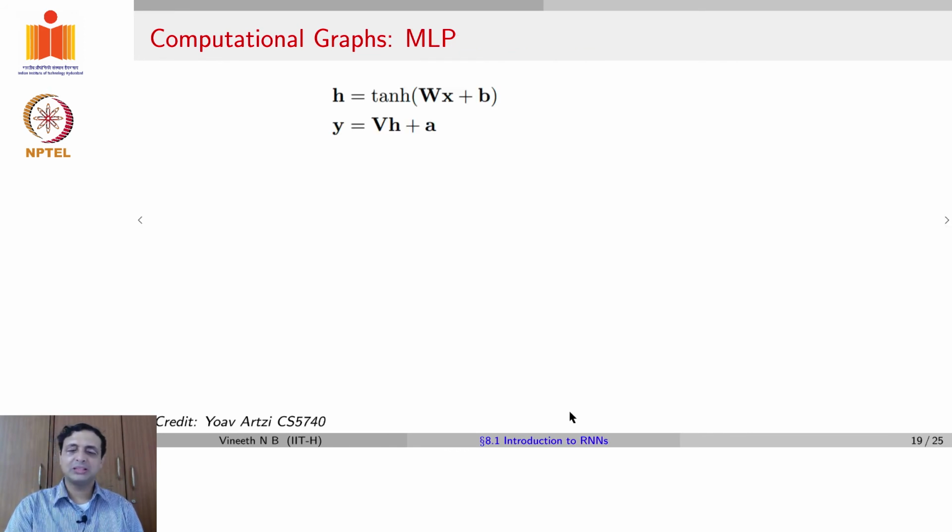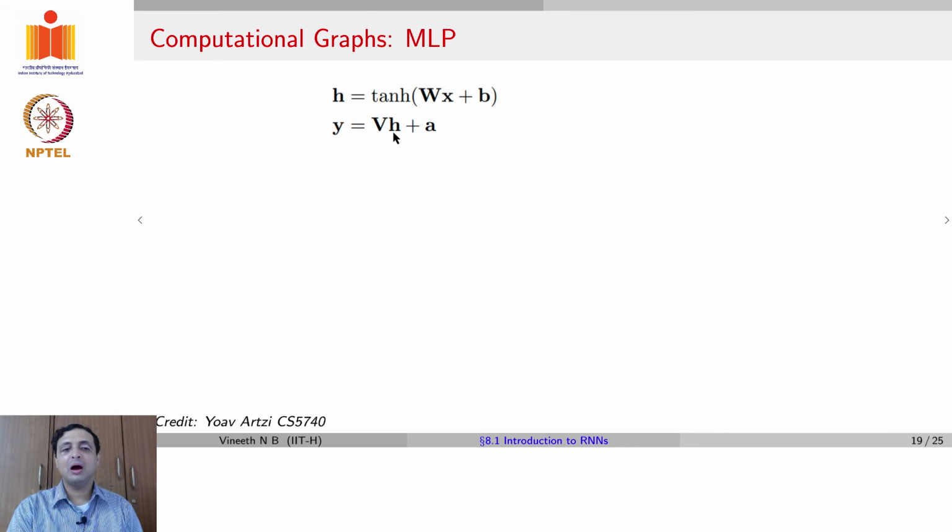What about computational graphs for neural networks, feed-forward neural networks? Say if you had a couple of layers in a neural network given an input x, let's say your hidden layer h is tanh of Wx plus b. Wx plus b is your linear combination of your inputs x, and let's assume you have a nonlinear activation function tanh on each of those nodes, and that gives you a vector h.